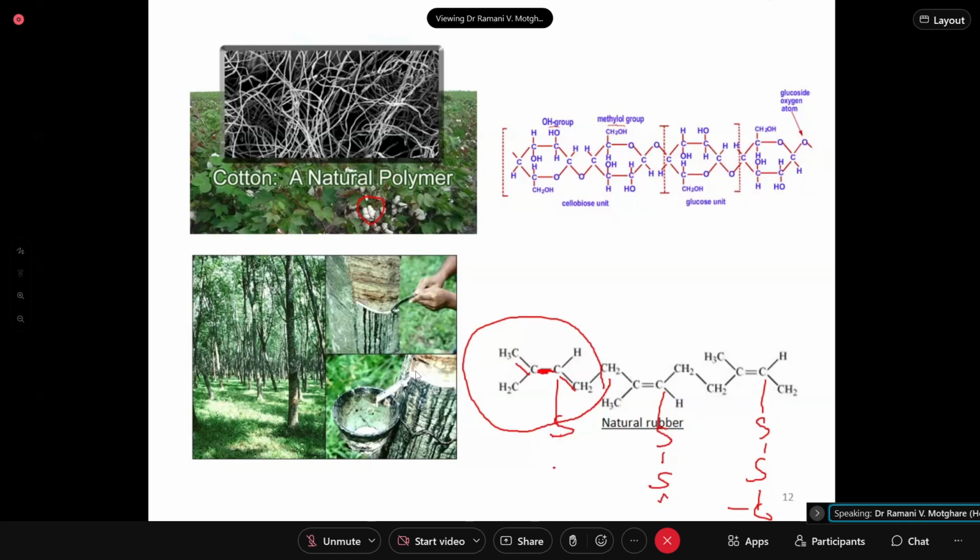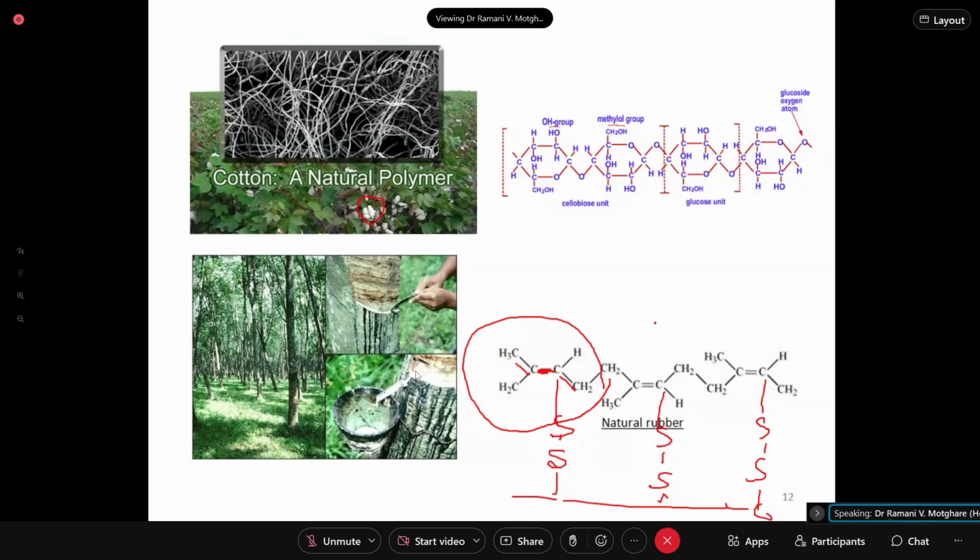So on vulcanization, you get vulcanized rubber, which is used for preparing the tires of automobiles, and ebonite is one with 32% of sulfur in it, and that is used to prepare the tires of aircraft, which face a lot of abrasion and erosion, especially during landing, when a huge impact is there.